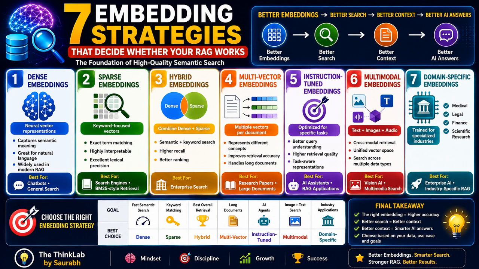Now we are moving to strategy 3, hybrid embedding. This combines dense and sparse embedding together. Dense embedding understands the meaning, sparse embedding understands the keywords, right?